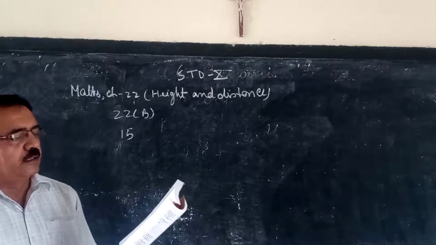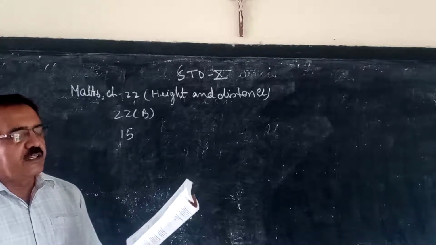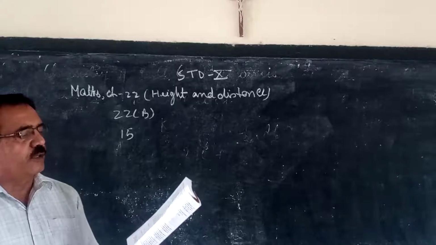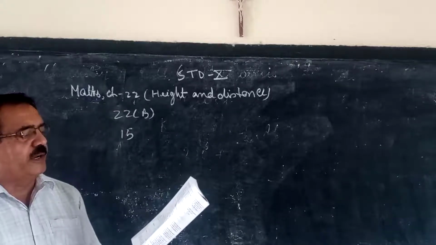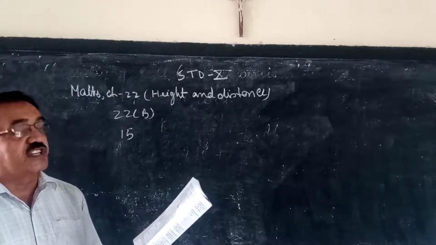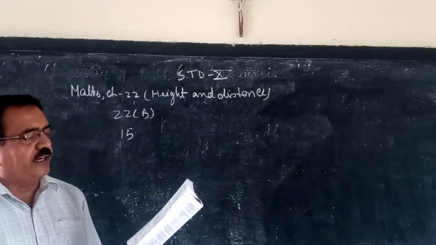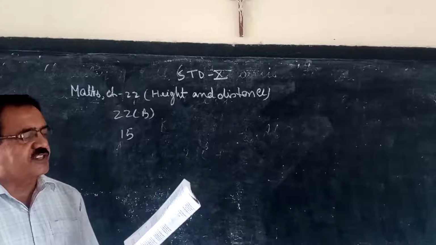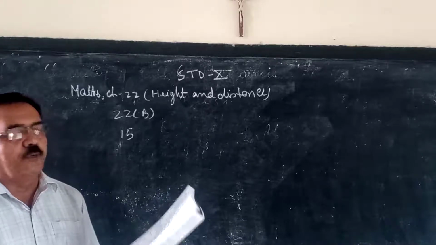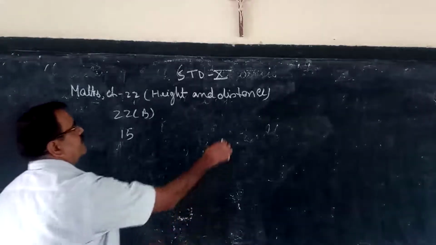The statement of this question is: from the top of a hill, the angles of depression of two consecutive kilometer stones due east are found to be 30 degree and 45 degree. Find the distance of the two stones from the foot of the hill. Suppose this is the hill.